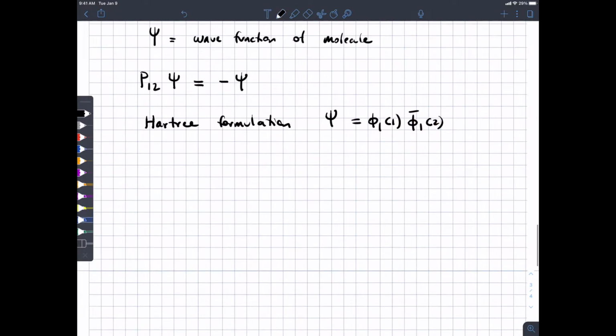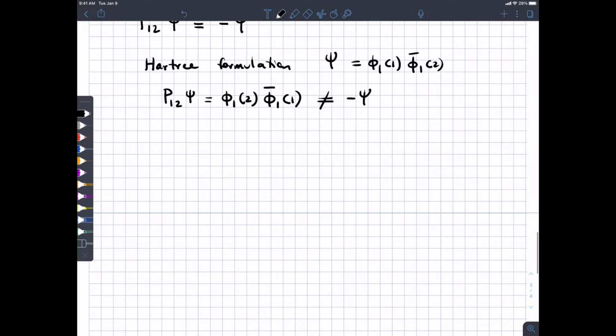The problem with that is it doesn't obey the anti-symmetry requirement. So if we permute electrons 1 and 2 in this Hartree formulation, we would get electron 2 in phi 1 and electron 1 in phi 1 bar, and that is not the opposite of our wave function. Doesn't obey the anti-symmetry requirement. That was a decent approximation at the time, but we needed a better formulation for the wave function.